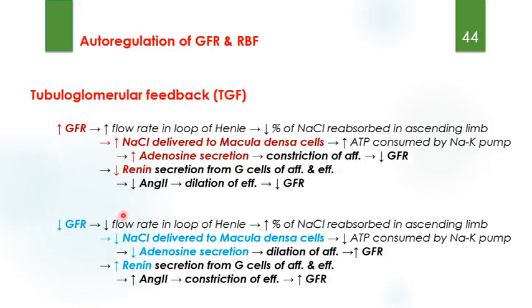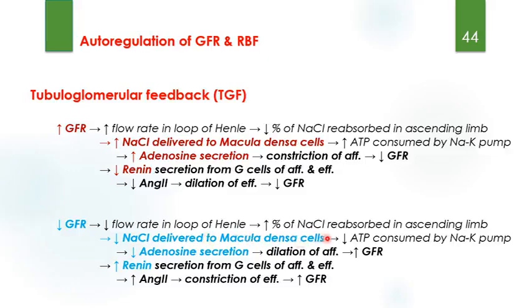Again, the opposite will occur when GFR is decreased. The reduced flow rate in the loop of Henle will increase the percentage of sodium chloride reabsorbed in the ascending limb of the loop of Henle, and the amount of sodium chloride that is delivered to macula densa cells will be reduced.